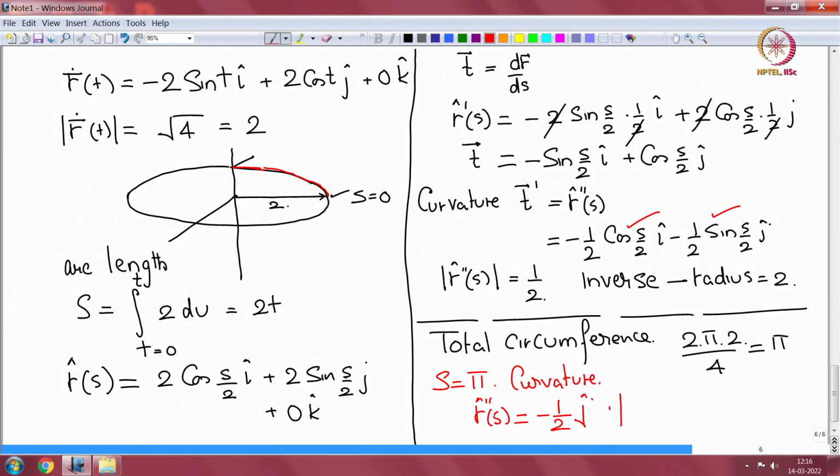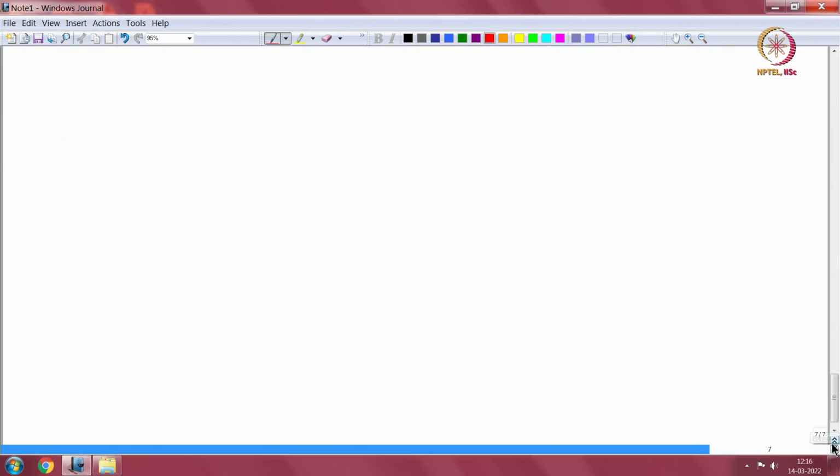And so it points downwards. Now here, I decide to write r double dash of s as the curvature magnitude into a normal, where n is the principal normal that lies in the osculating plane.